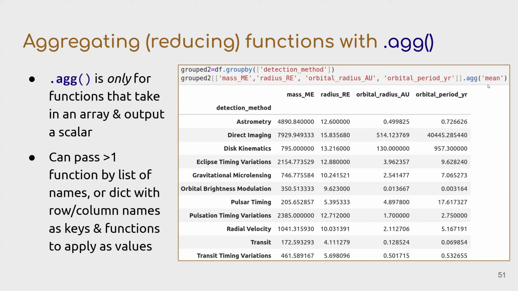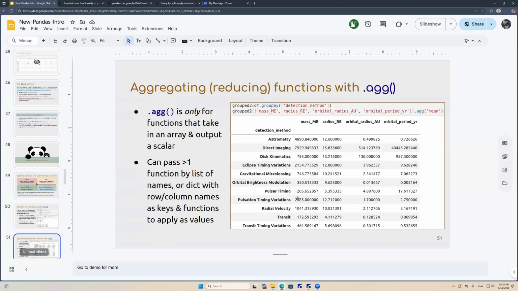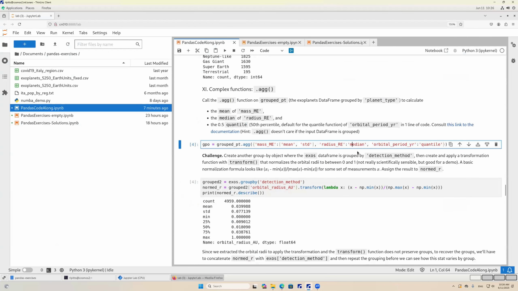And this is one where you might use agg if you wanted to apply different statistics to each group. So I believe I have this as an example. Yes. Here I'm taking the GroupBy object that we already computed, where it's grouped by planet type, and now I'm applying agg.